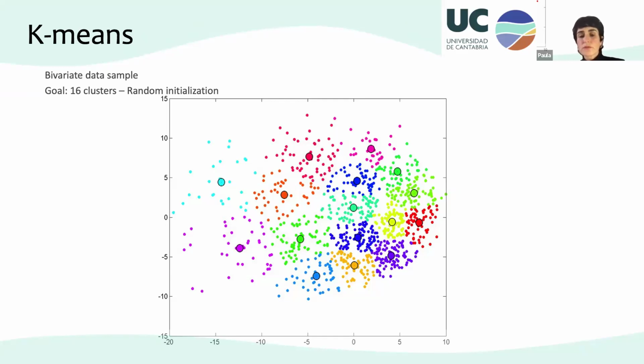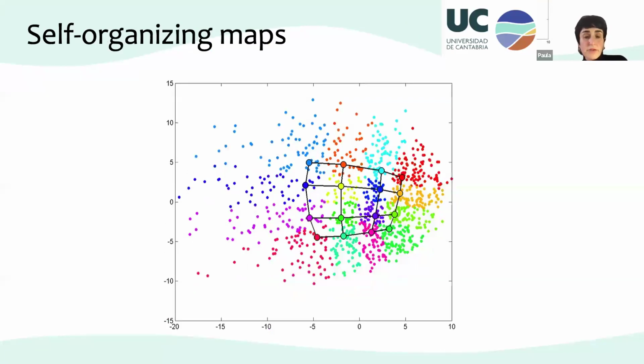The process finishes when there are no more updates of the centroids. So in the end, what we obtain are clusters where the distance between the elements and the corresponding centroid is at a minimum.